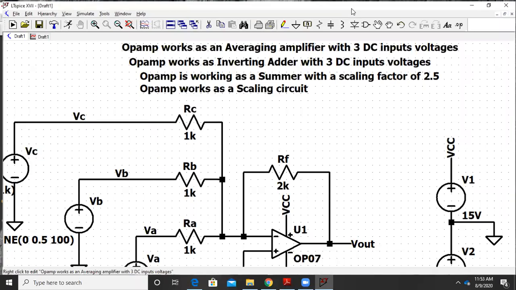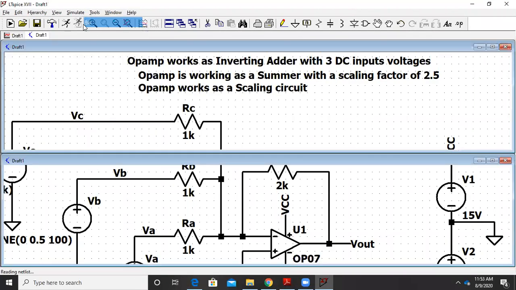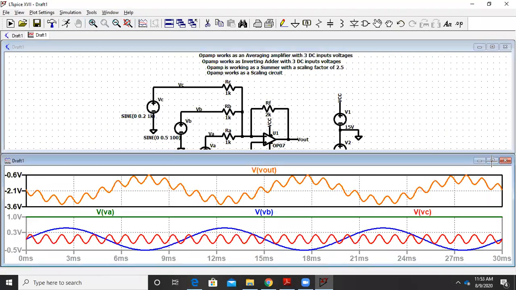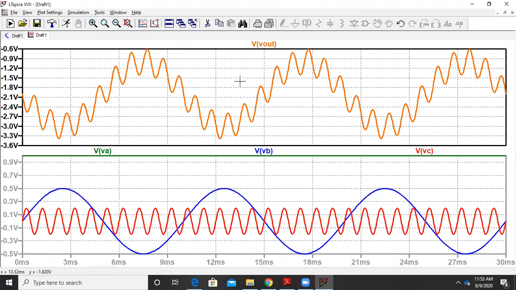Now let us go to the circuit and simulate it again. Okay, so that's what we are getting. This is my output, the result of mixing the two input signals and one more DC signal. VA is a DC, VC and VB are the AC inputs with different frequency, and that's the result which we are getting at the output.